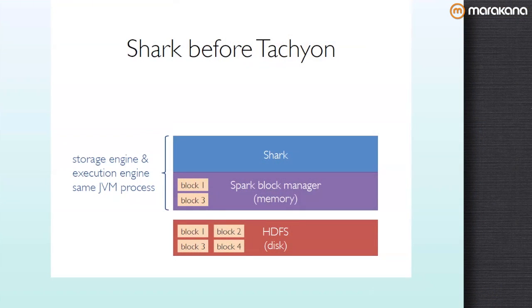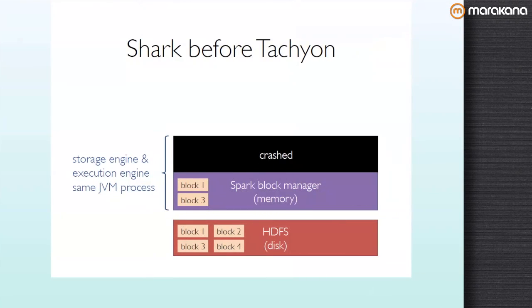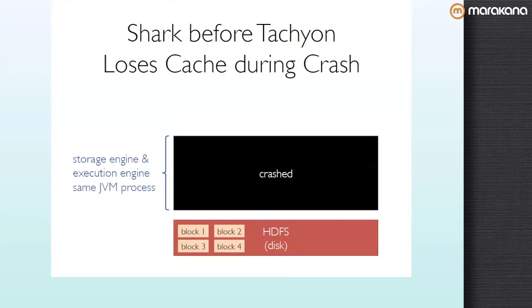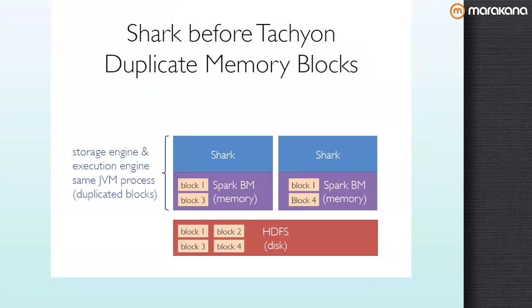If that Shark server crashes on you, it usually doesn't stop there. You'll lose the entire storage layer as well. So you've aggregated multiple jobs into this one Shark context, and now everybody's job is dead. And there's not really a good way to recover it. You've got to go all the way back to HDFS and restart that.